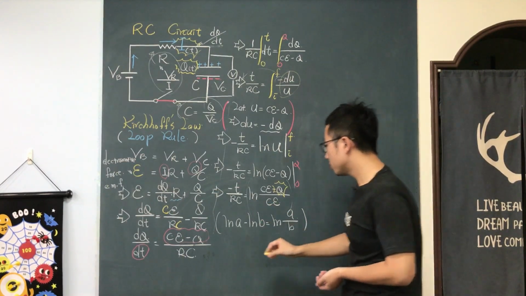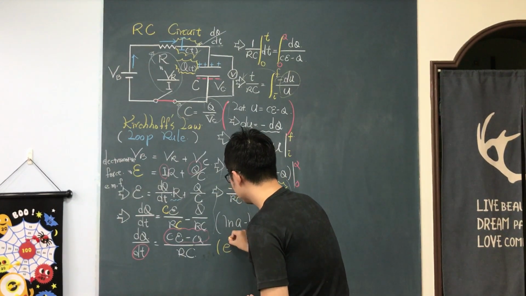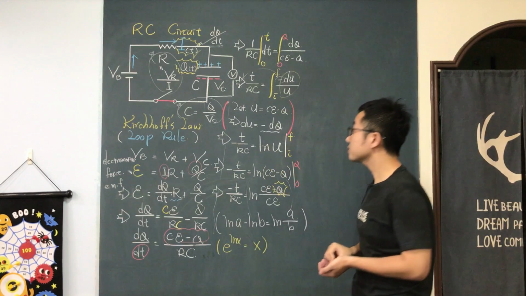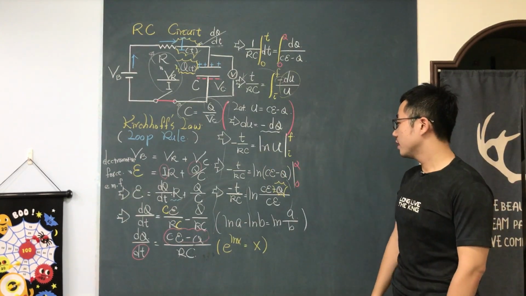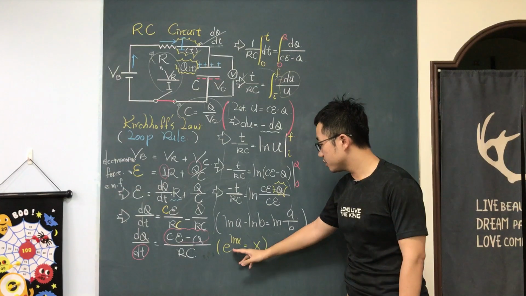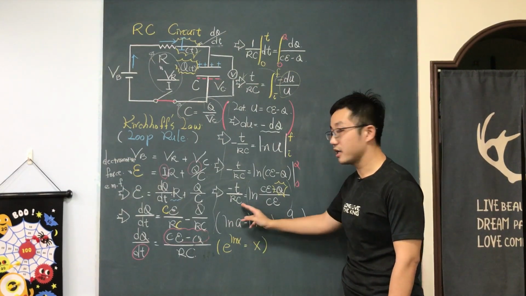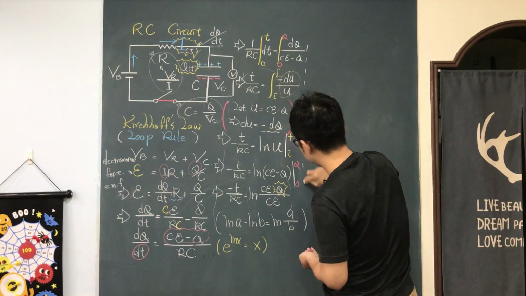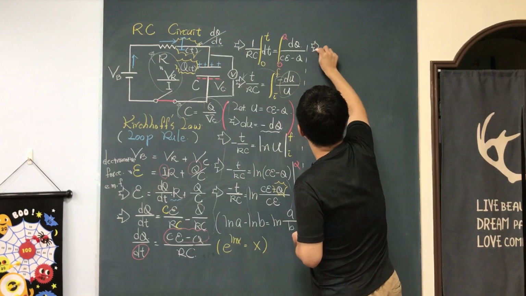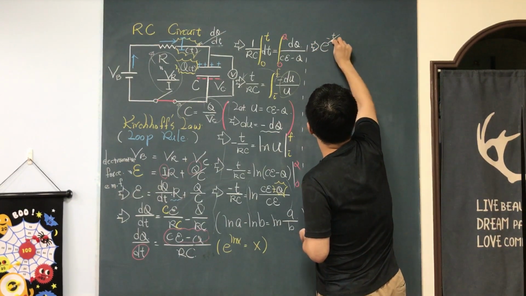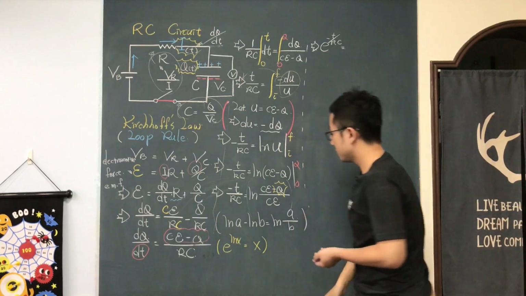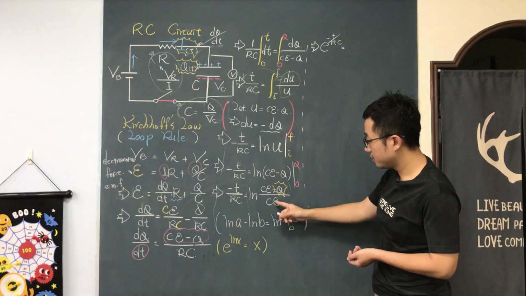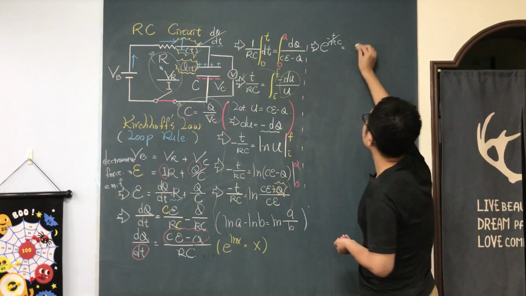I need to use another tool, that e to the natural log x is equal to x. So let me do this to both sides, and that will be e to the minus t over RC is equal to, now I can get rid of this natural log, 1 minus q over CE.